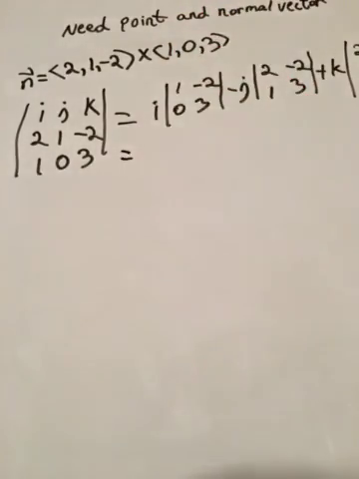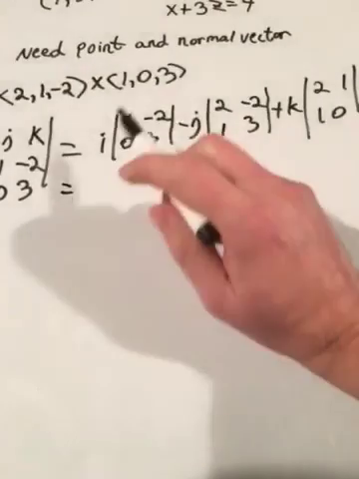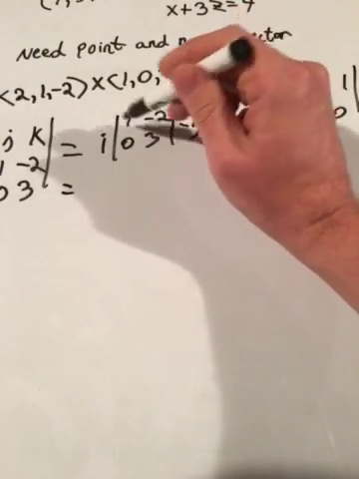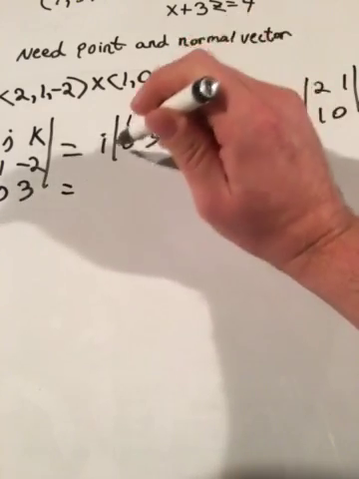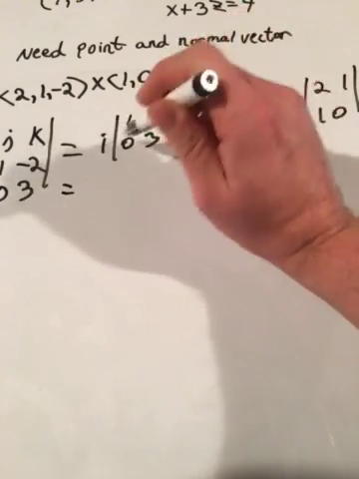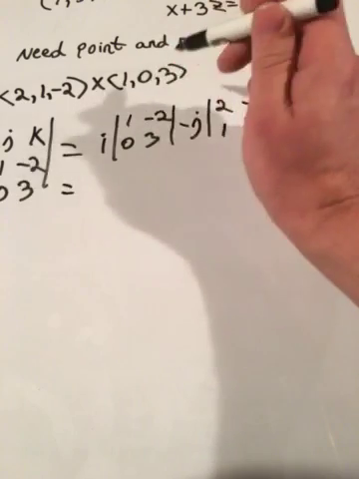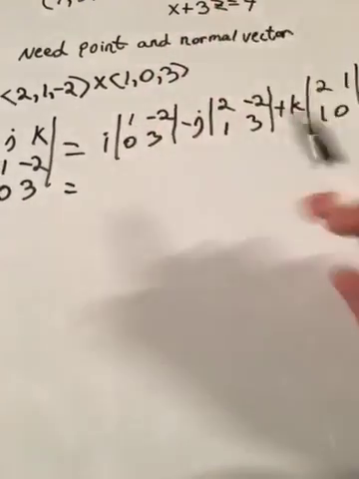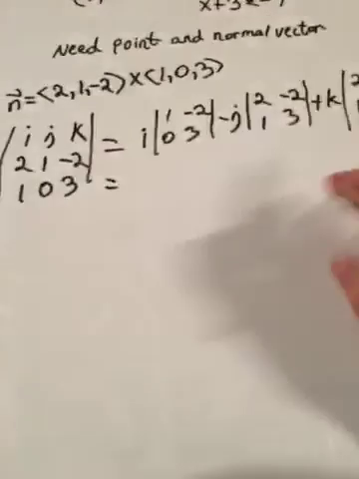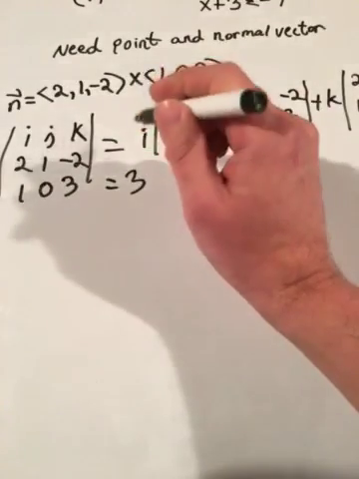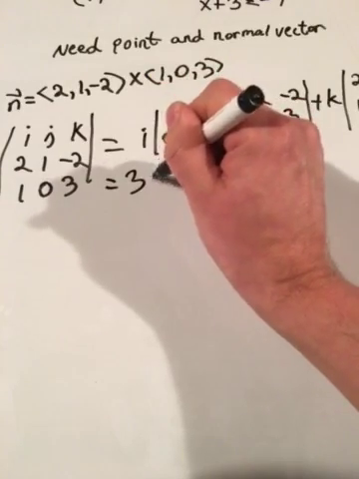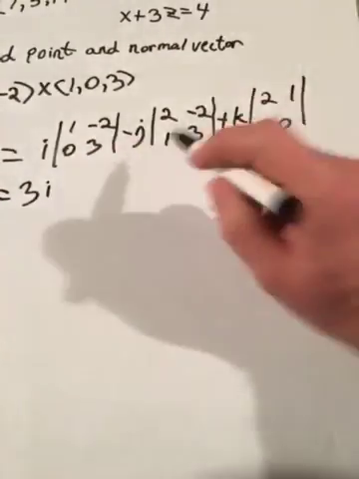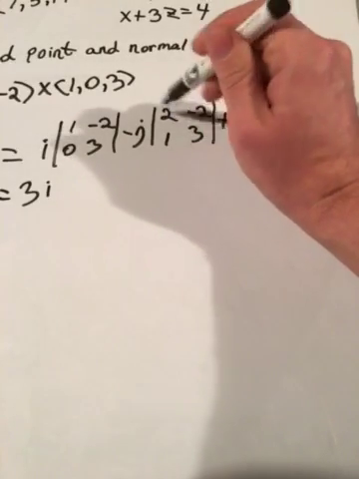Then to do the determinant here, you're left with 3 times 1 minus the product of this diagonal. So that's 3 minus, well, 0 times negative 2 is 0. So that's 3 minus 0, which is 3. So it's 3i. And then minus, well, 3 times 2, 6.